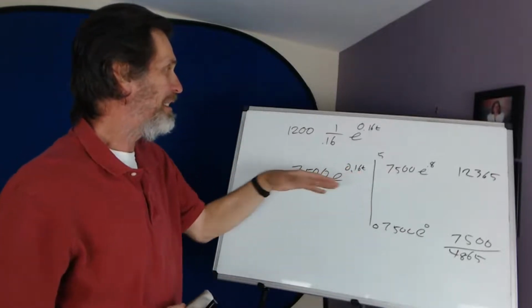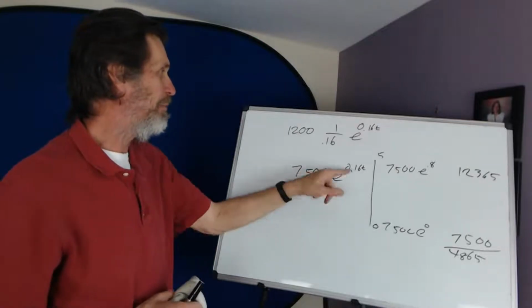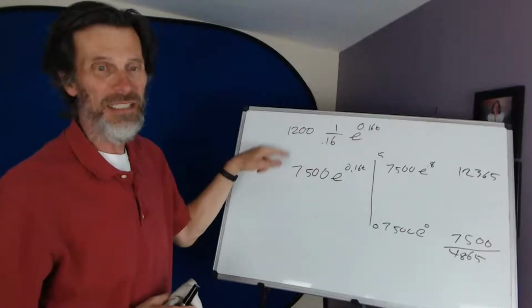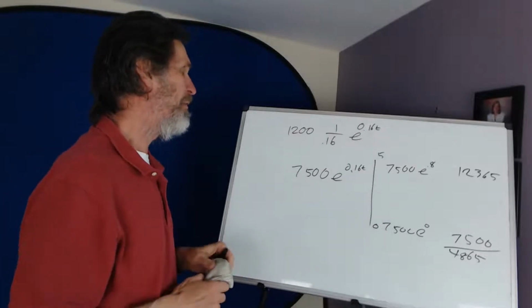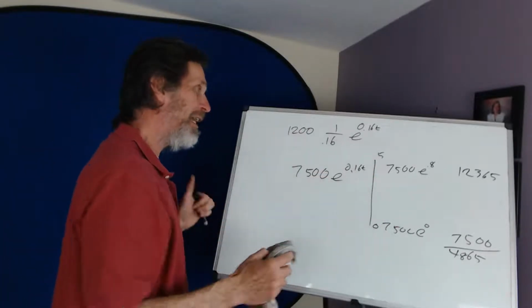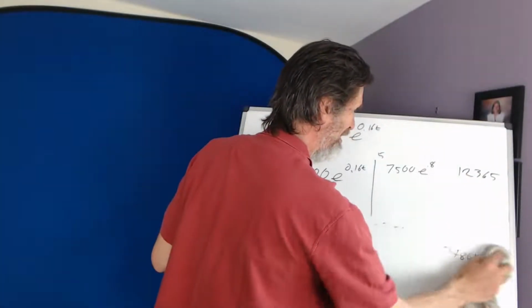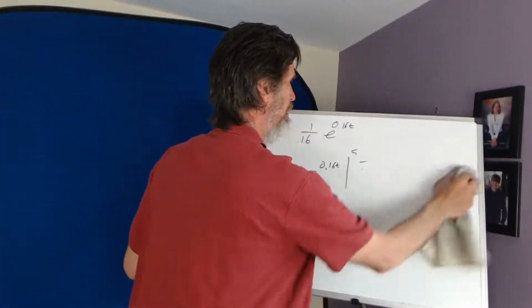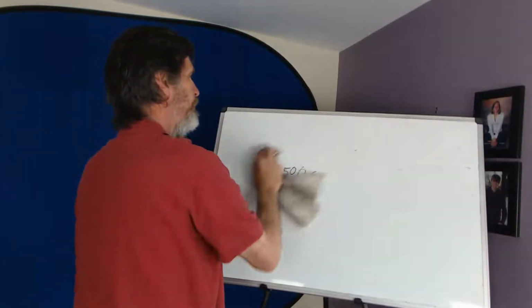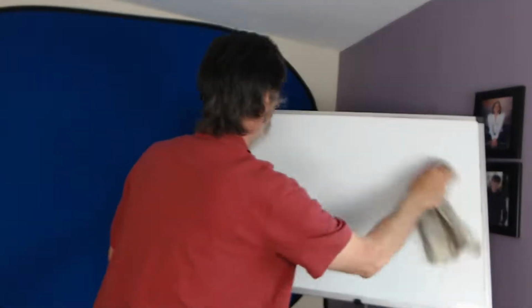Now, if you did something dumb on this one, like you multiplied by 0.16 instead of dividing, sure, that's one of the answers that's going to pop up. If you added 1 to the exponent, yeah, that's probably going to be one of the 5 answers. That's an incorrect answer as well. But as long as you understand the basic ideas here, you'll be in good shape.